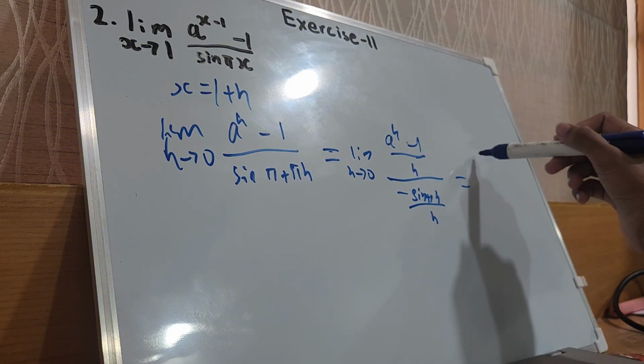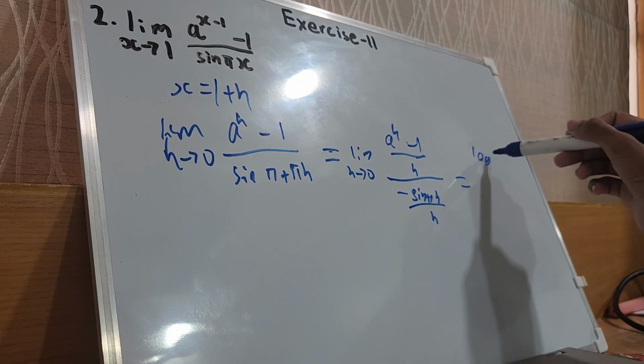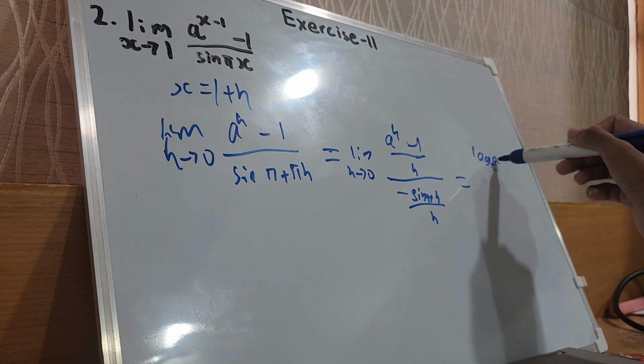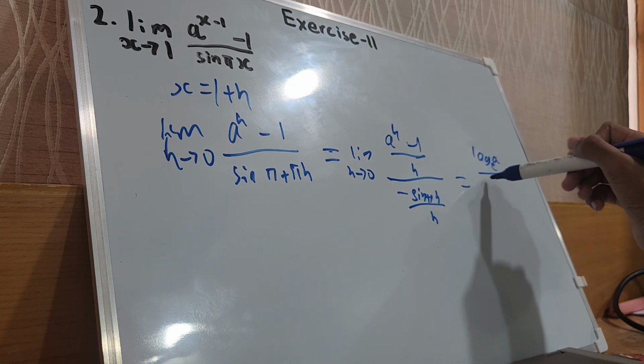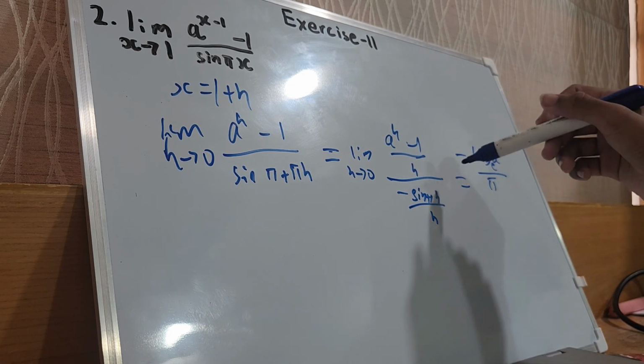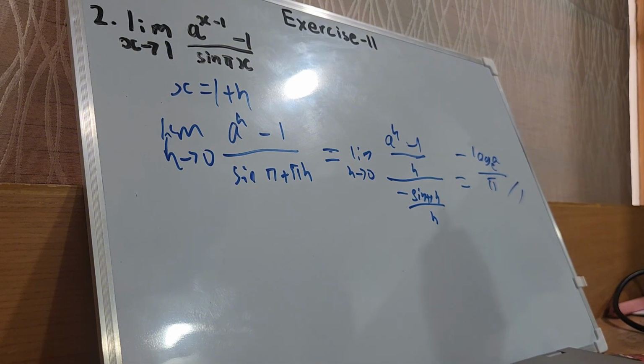So here we'll get log a to the base e by minus pi, right? That's the answer to this question. And now we'll move on to the third question.